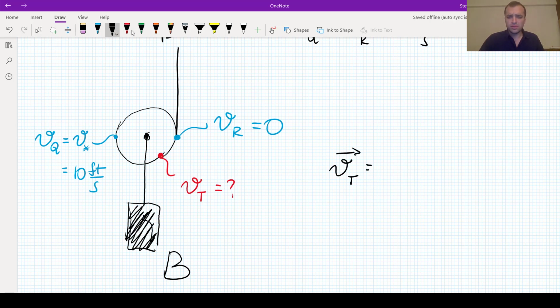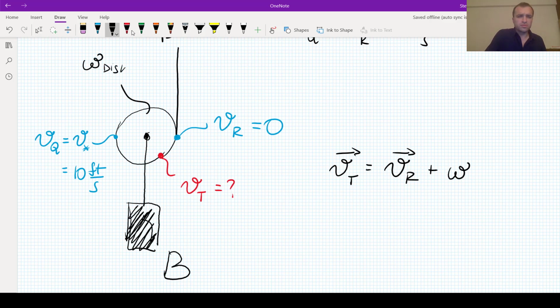Vt is equal to Vr plus omega of this disk times RTR, where RTR is of course here.